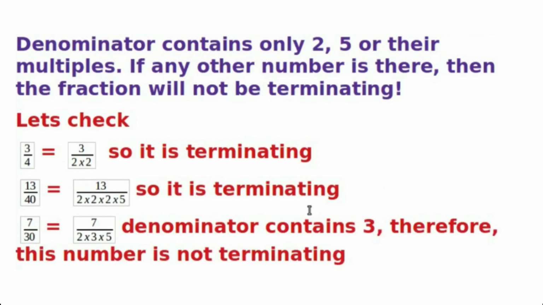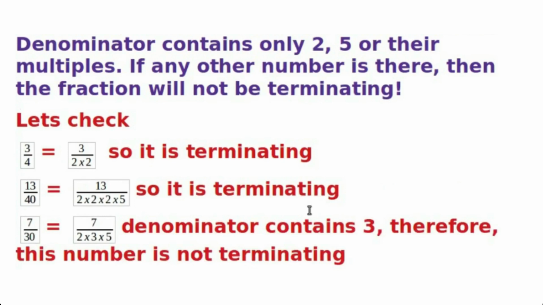Here the first fraction is 3 by 4. We need to check whether 3 by 4 is a terminating decimal or not. 4 we can write as 2 times 2. So the denominator is a multiple of 2, or the factors of the denominator are only 2. So it is terminating. The second case is 13 by 40. 40 we can write as 2 times 2 times 2 times 5, or 2 cube into 5.